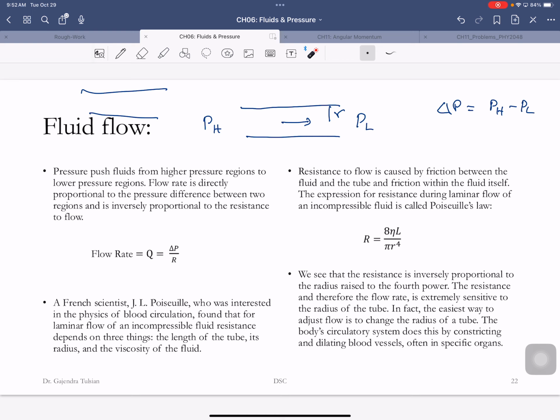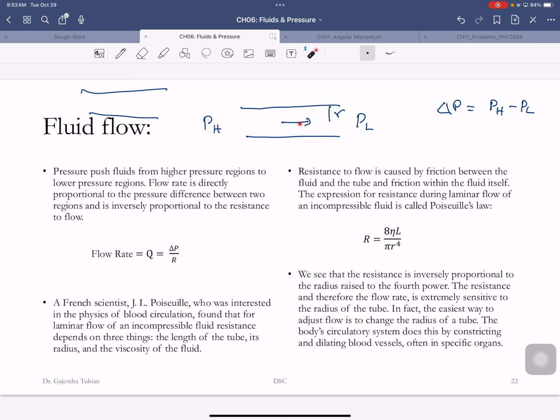All right. To make blood flow, to make a fluid flow, you have to have a higher pressure here and a lower pressure there. You have to have a pressure difference. Now, let's say in this pipe you have maintained a certain pressure difference, and you try to make water or honey flow.